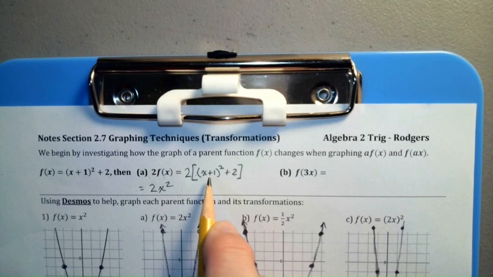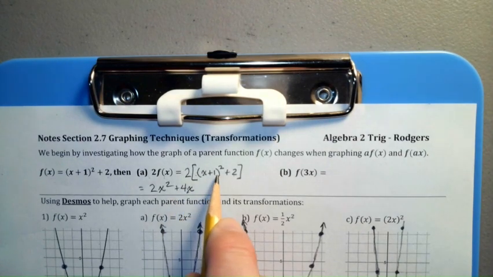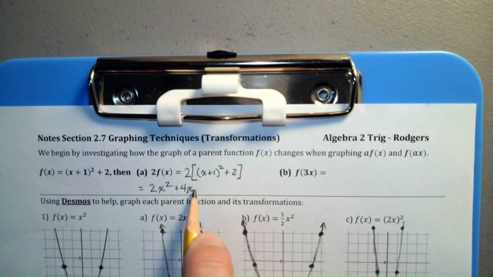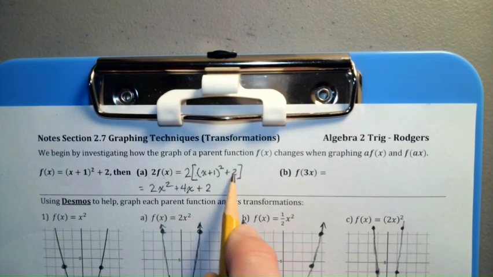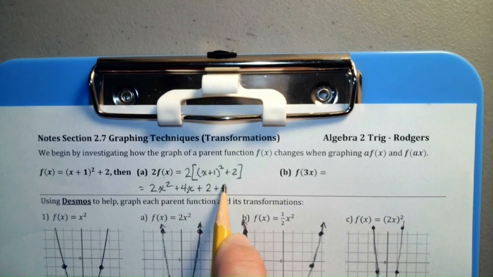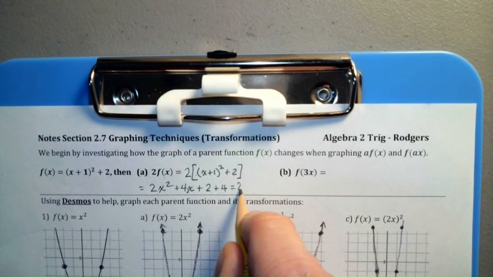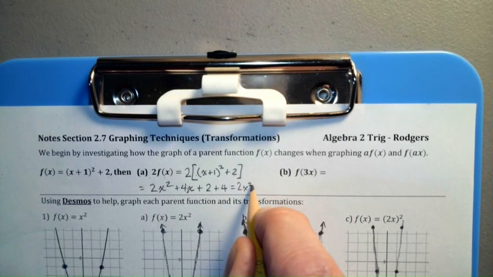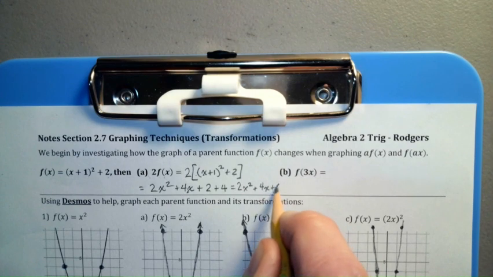Then you remember the center term will be 2x. We're multiplying that by the 2, so that'll be plus 4x. And then we had a plus 1 at the end, so that will be plus 2. And then we also have the 2 getting distributed to this 2, so we'll say plus 4. All right, and so simplifying that, that ends up being 2x squared plus 4x plus 6.